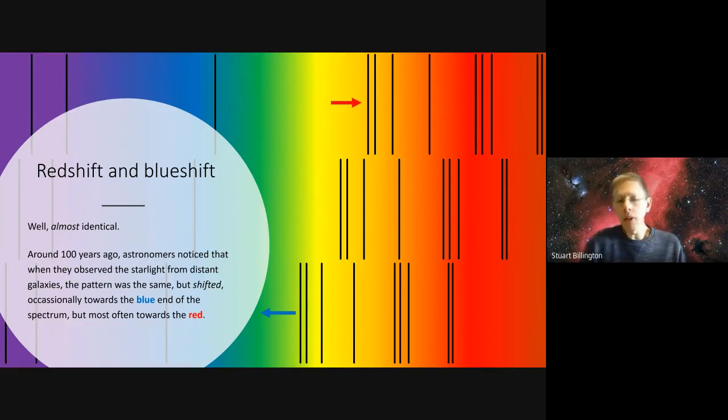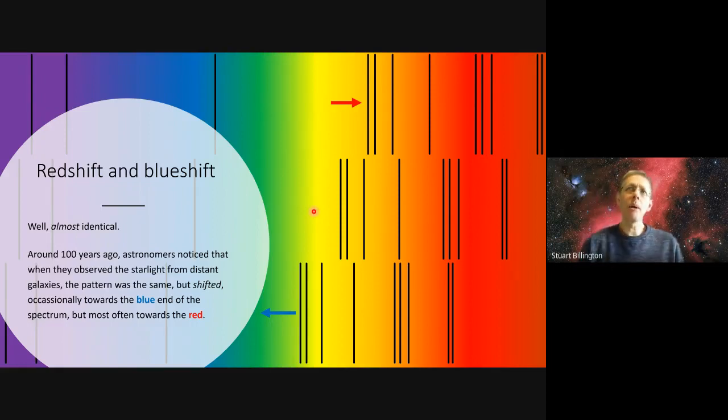So when we look at the light that's coming out of some galaxies, let's take our galaxy, for instance, that's a good starting point, we see this pattern in the middle, which is the pattern that we also see in the laboratory here on Earth. If you take some cold oxygen and you shine white light through it, you can measure this pattern here on Earth. And when you point the telescopes and the spectroscopes at our sun, this is the pattern you see. In fact, if you pointed at any star in our galaxy, this is the pattern you see.